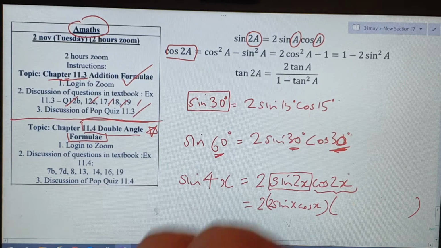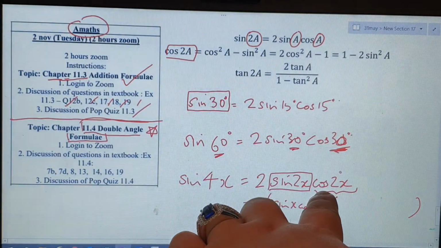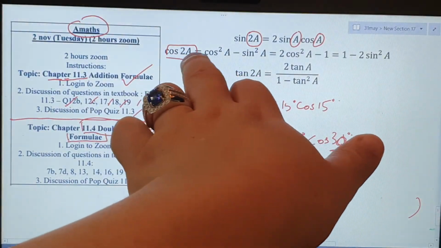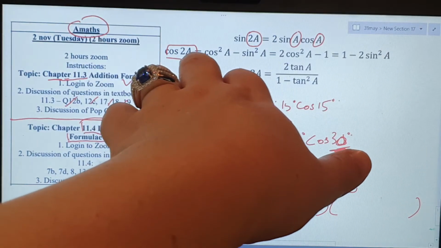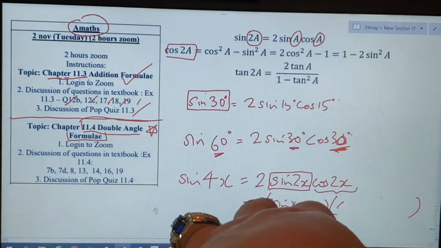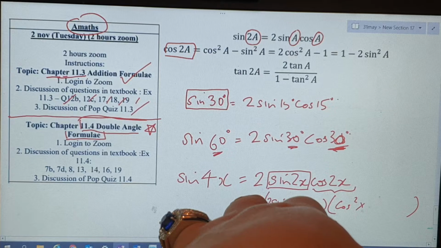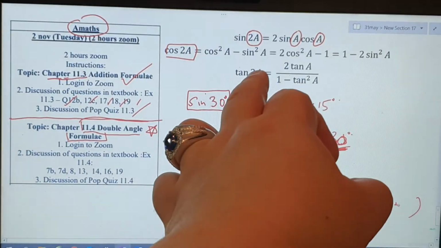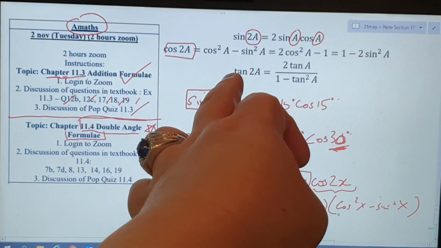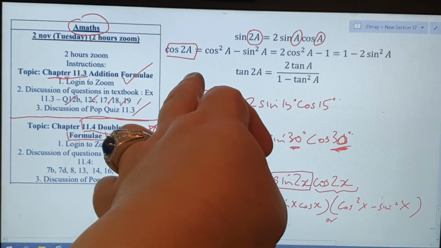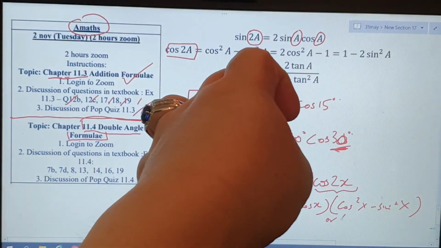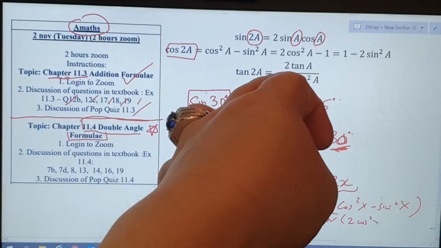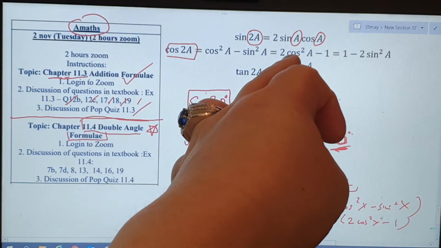Down here, I can write cos 2x, changing a to x. That means I can either write it as cos square x minus sine square x, or, of course the front is the same, or I can write it as 2 cos square x minus 1.